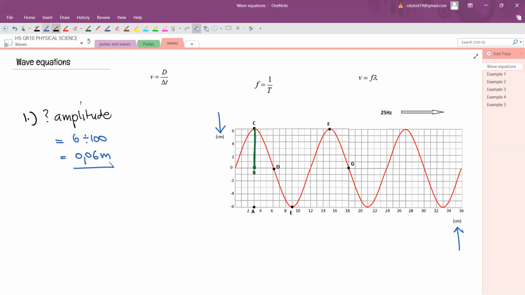Happy? Yes. 2, I want to know what is the wavelength. You don't have to know this yet. I'm going to show you how to actually see how long a wave is. If we start there and we have an up and a downward movement and we end there, that is a total wavelength. So I'll show you in yellow.